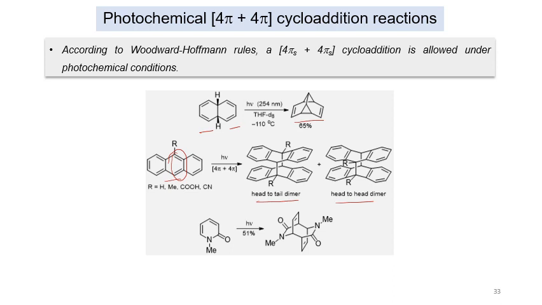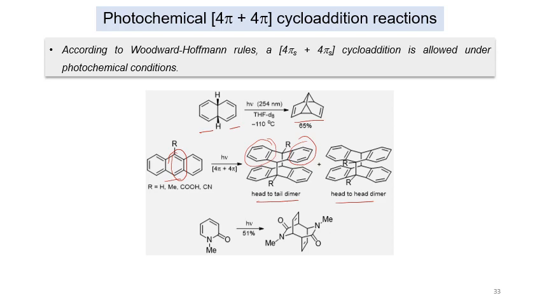Why does this reaction proceed? Because in this particular case, the resulting products have isolated benzene rings. That means they have full aromatic systems at the two ends. And probably this is the driving force for this type of cycloaddition.